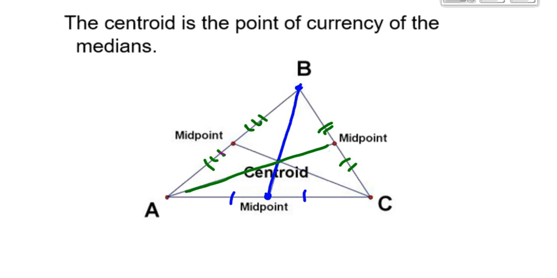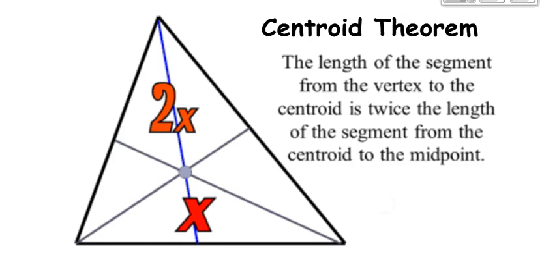All right. Just like with the circumcenter and the incenter, where we had special relationships of the interior line segments, the centroid has a special relationship also. For the centroid, the length of the segment from the vertex to the centroid is twice that of the centroid to the midpoint.